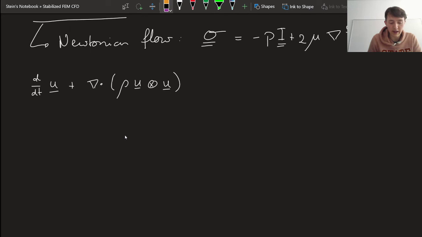Okay, so I'm already dividing by rho on both sides. So then this guy drops out. I feel like I'm doing something wrong here. So there's two ways of writing these equations. I'll jump straight to the result.